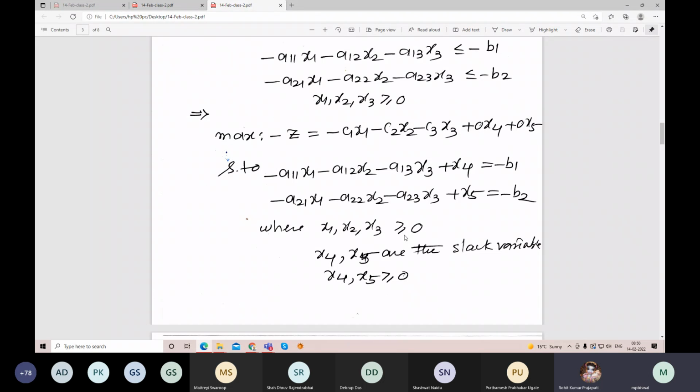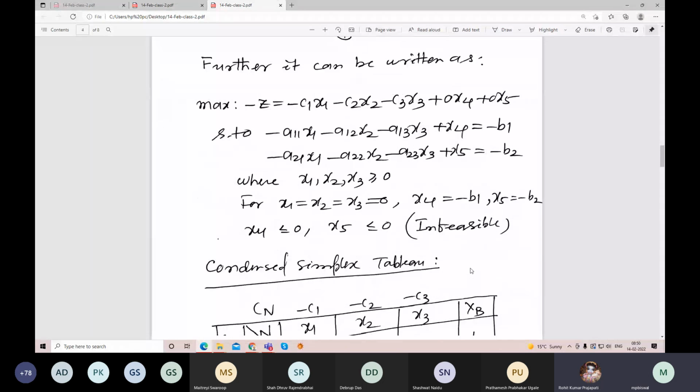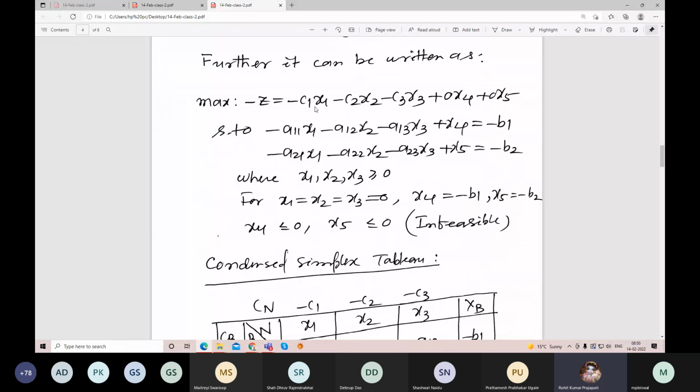Now after inclusion of the slack variables, it looks like this. The objective function is maximization type with minus z, subject to the constraints. The same rule applies to find the basic feasible solution.